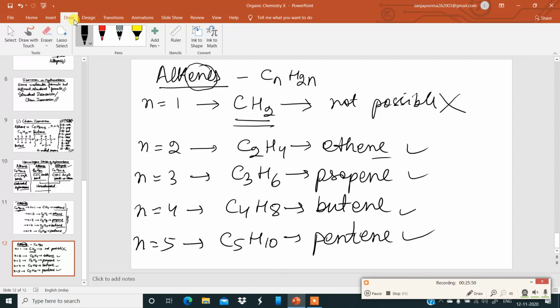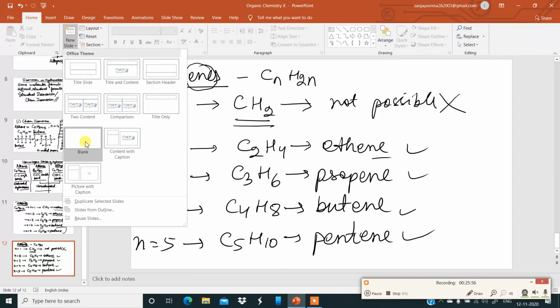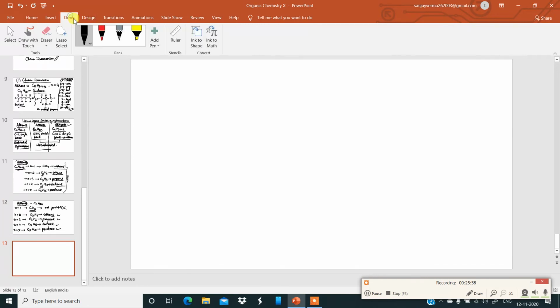Now, the next thing I would like to explain is the homologous series called alkynes. The alkynes general formula you already know: CnH2n-2.